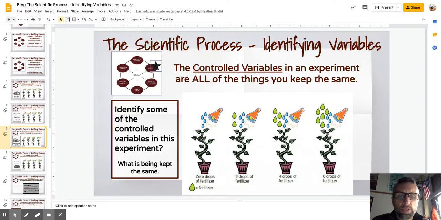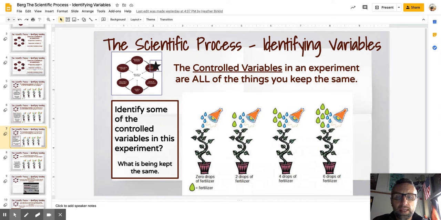Lastly, we have controlled variables. These are things that keep things fair. Controlled variables, like I have 3 kids, and when we play a game or I'm cutting pizza at home, things have to be fair. You can't just cut them any shape or size. We can't just let the same person go first every time when we're playing a game.